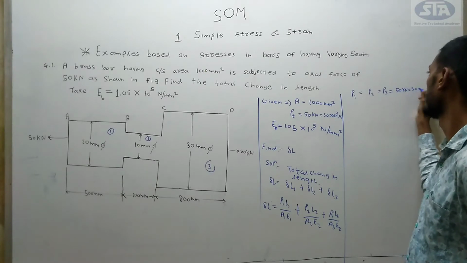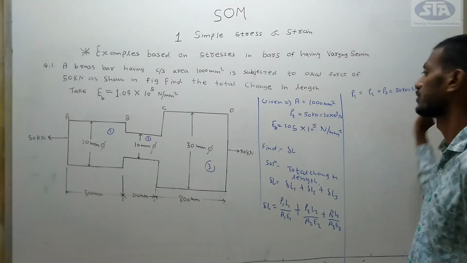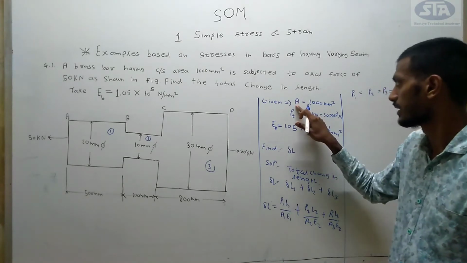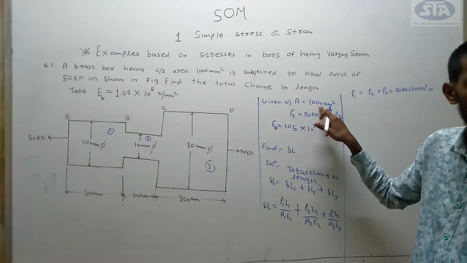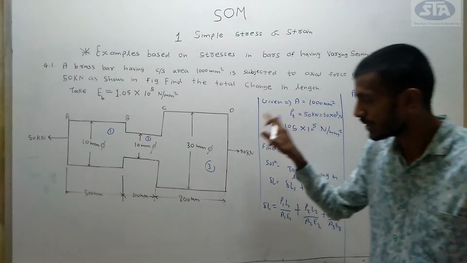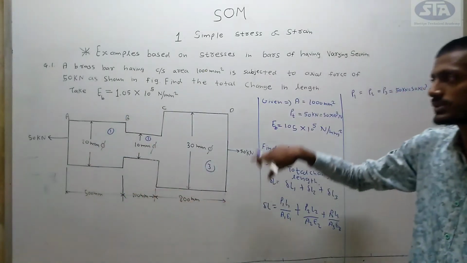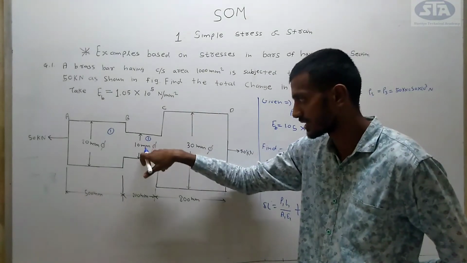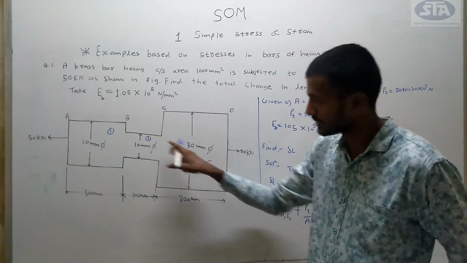Convert into Newton: 50 into 10 raised to 3 Newton. Next, the area of 1000 mm square is given; it is the whole section area, the combination of section 1, 2 and 3.